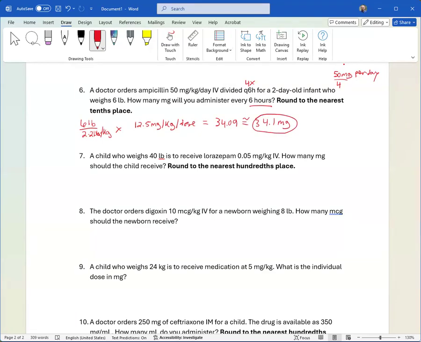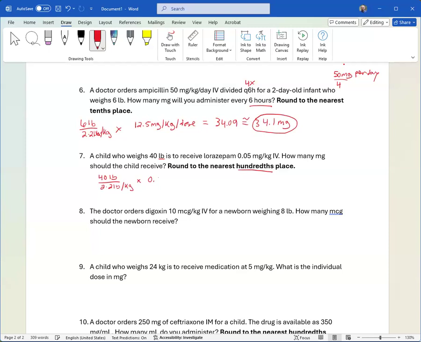All right, we have a child weighing 40 pounds. They're ordered lorazepam, 0.05 milligrams per kilogram. How many milligrams should they receive? So again, now this is telling you to the hundredths place, so make sure you're paying attention. So again, just in my calculator, 40 divided by 2.2. It's not an even number, so I'm going to save my rounding to the very end.